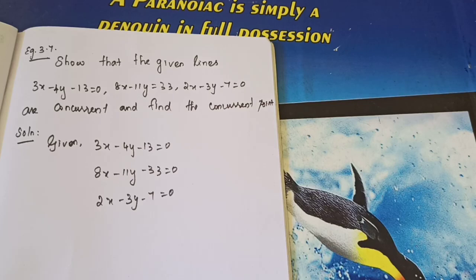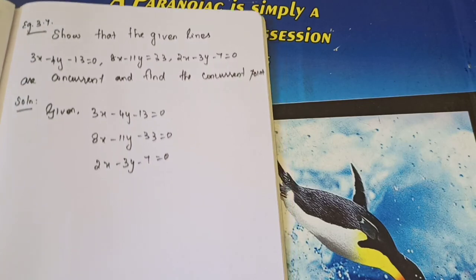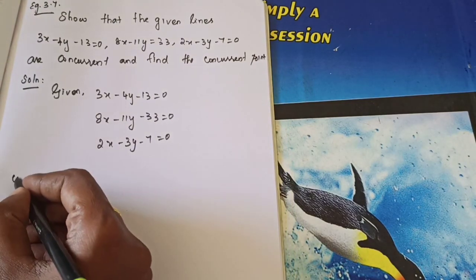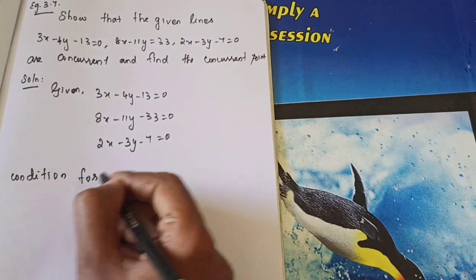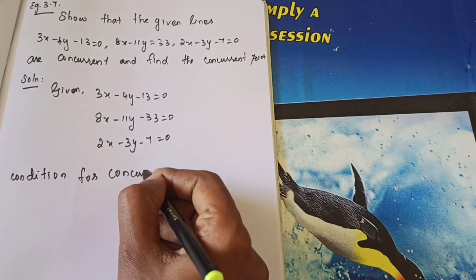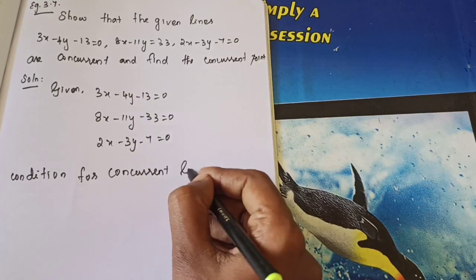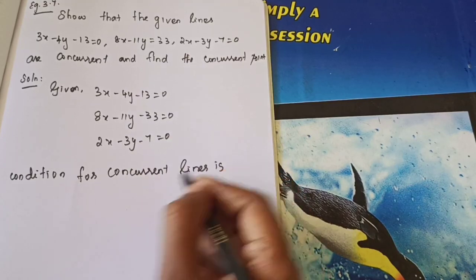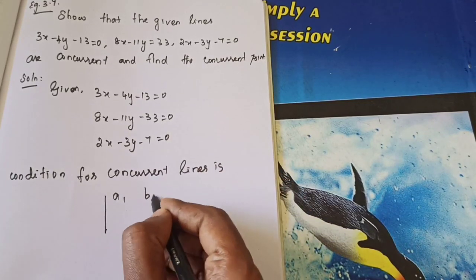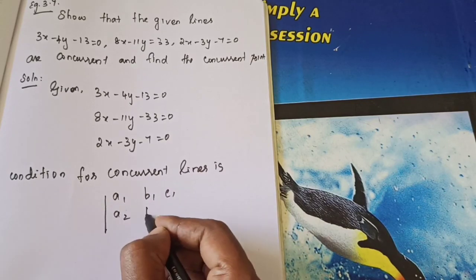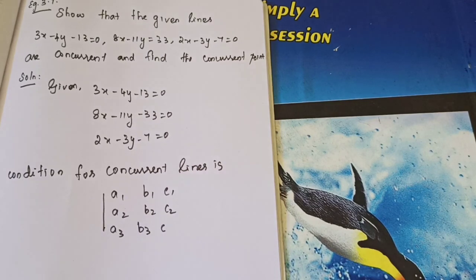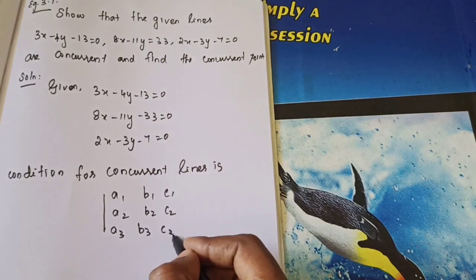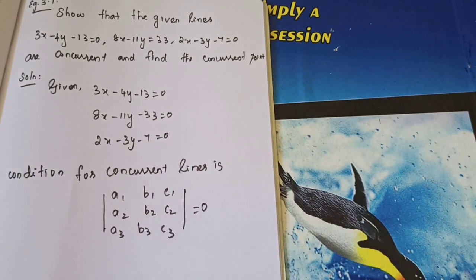Afterwards, we need to find the concurrent point also. Understand? So the condition for concurrent lines is, what's the formula? A1, B1, C1, A2, B2, C2, A3, B3, C3 equal to 0.